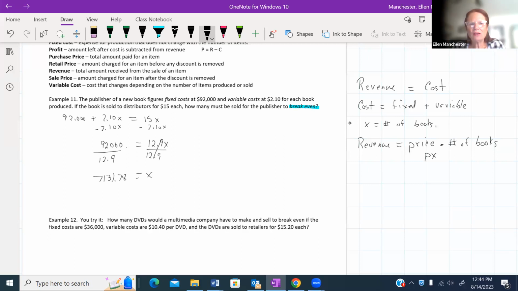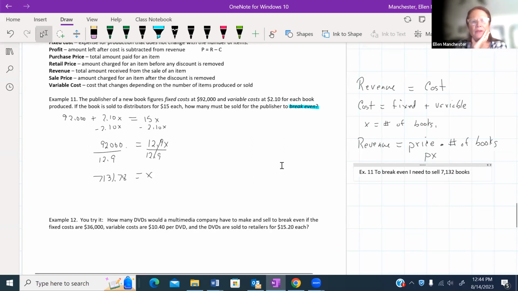So you need to sell 7,131 books, or it'll say round to the next number, 7,132 books to break even. So to break even, I need to sell 7,132 books to break even. Okay. All right.